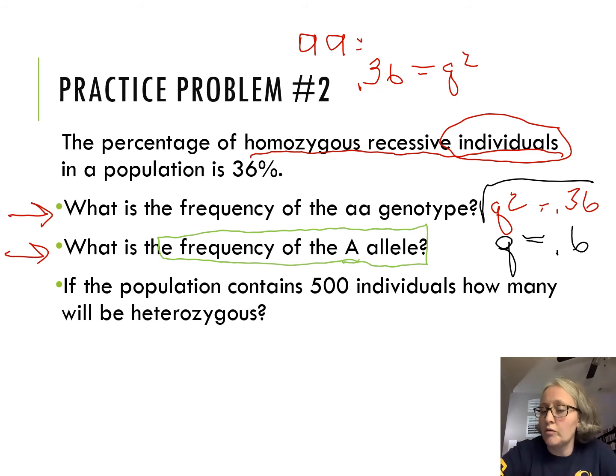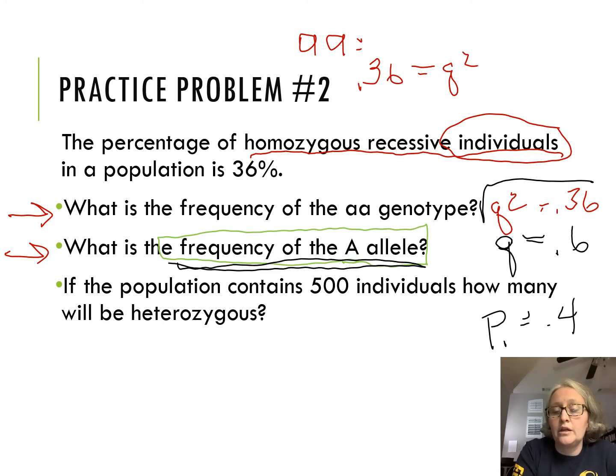So I'm just taking the square root of everything. And then if we know that Q is 0.6, from there we can figure out that P, not B, P equals 0.4. So the question is asking what is the frequency of the big A allele, or in other words, it's asking what is P, and we went ahead and figured that out. P equals 0.4.